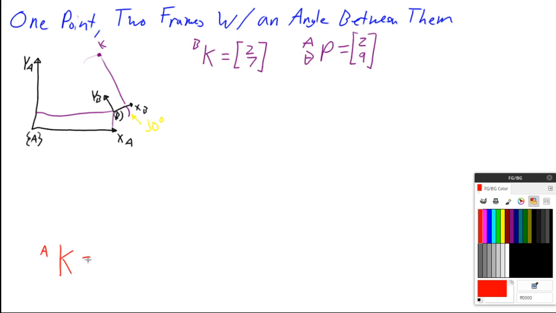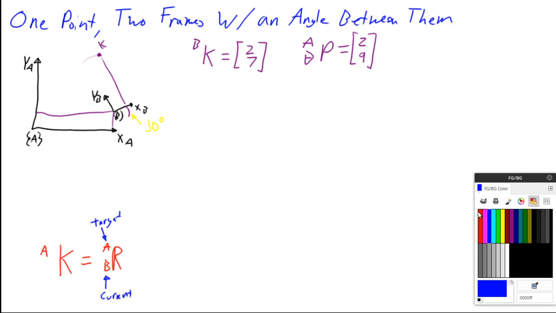So kind of our standard formula here is we're going to have something called a rotation matrix. So that's notated as R with a pre-superscript of A, B. So A is the target frame, and B here is the current frame, or the frame that we're coming from.